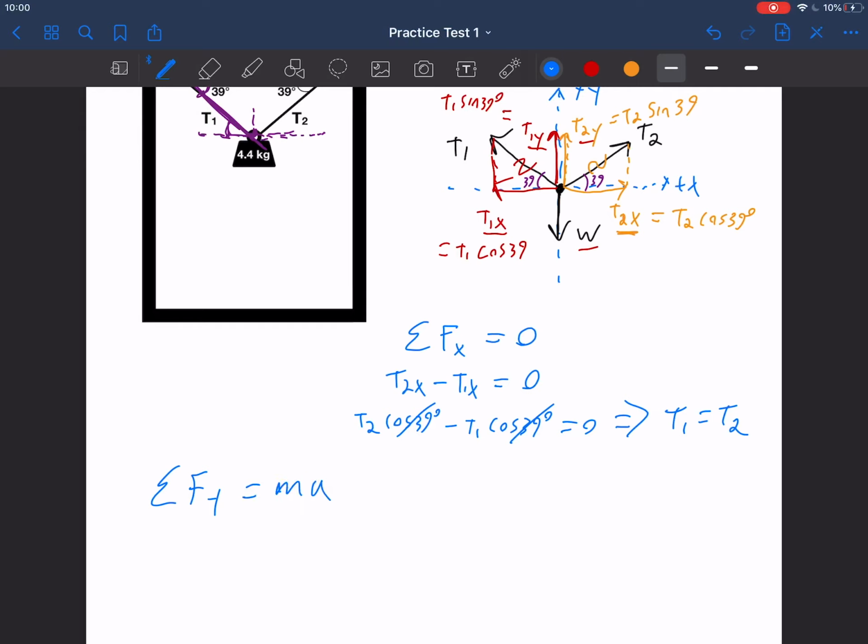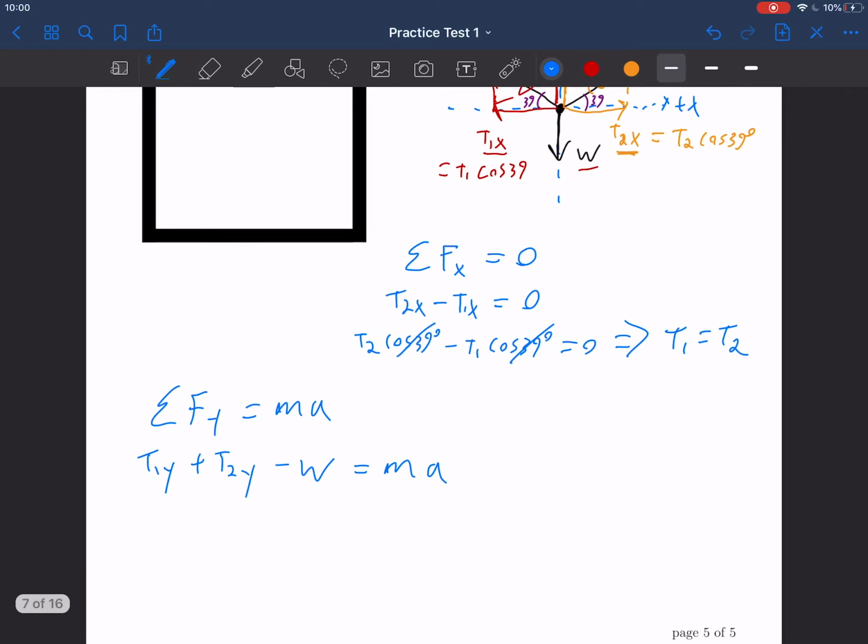Now that we know that, we can fill in what is the sum of the forces in the y direction. I can look directly at my free body diagram and see that I have T1y pointing in the plus y direction, and I have T2y pointing in the plus y direction, and then I have one force in the minus y direction, which is the weight. So I'll write that in as minus the weight. It's in the minus y direction. And the sum of these three forces must equal the mass times acceleration.